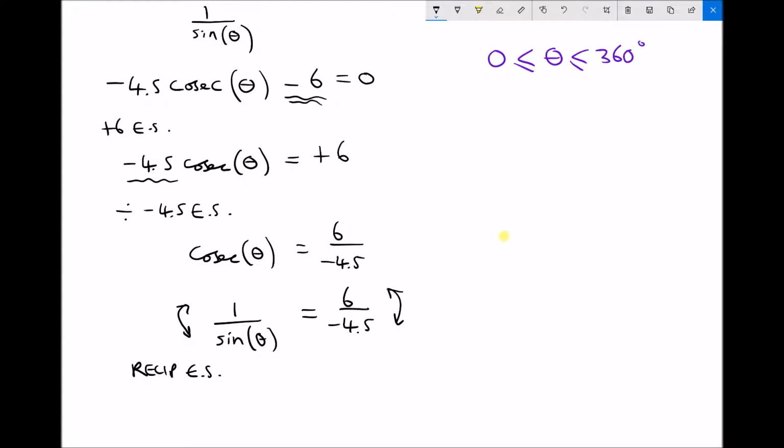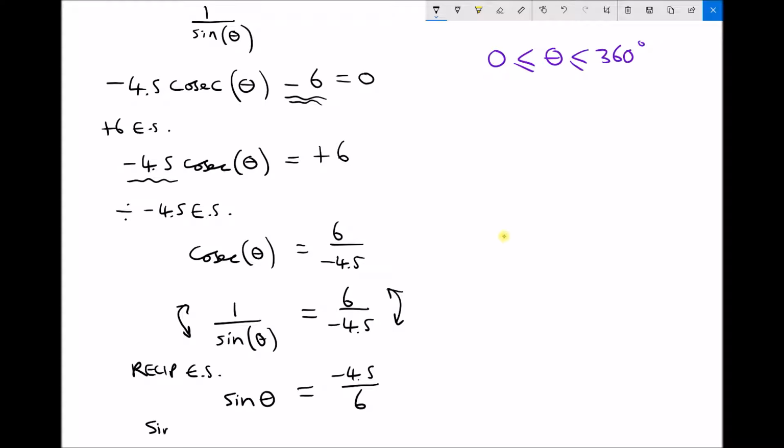Well, the reciprocal of 1 over sine theta is sine theta over 1, or sine theta divided by 1, and that is just sine theta. And our right hand side, instead of 6 over minus 4.5, becomes minus 4.5 over 6. So now we can take the inverse sine in the same way we did last time.